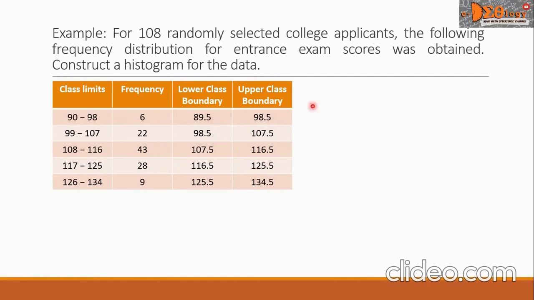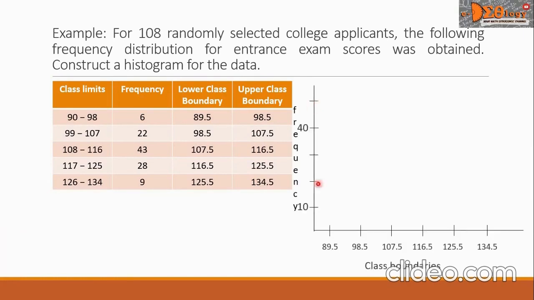Let us now write the histogram. First, let us draw the horizontal line and the vertical line here. In the horizontal line, we will write the class boundaries, and for the vertical line, we will write the frequency. Now let us describe the first class interval. Take note, the first class interval has lower class boundary of 89.5 and the upper class boundary is 98.5.